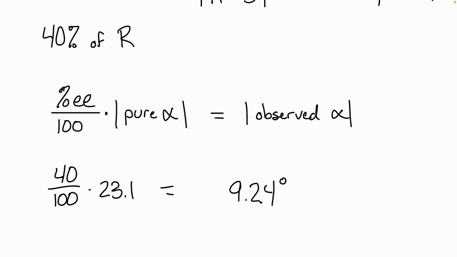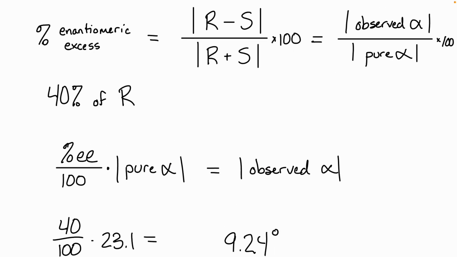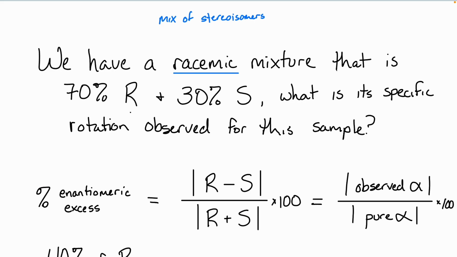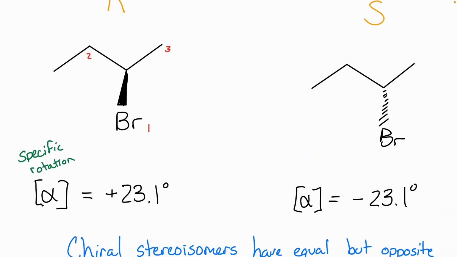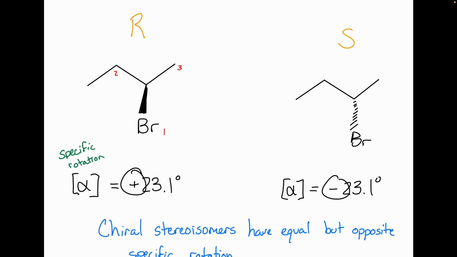Okay, the only thing that we have to be careful about is that because we have absolute values in all of these formulas, we have to go back and think about the sign of what that should be here. In this case, I have a greater amount of R than S. So do we think that light is going to be rotated in the positive or the negative direction?